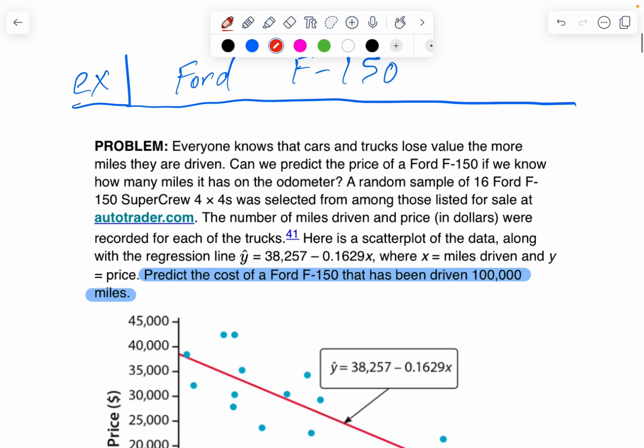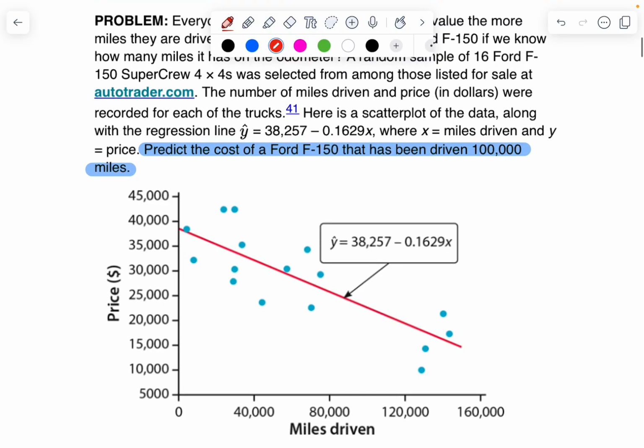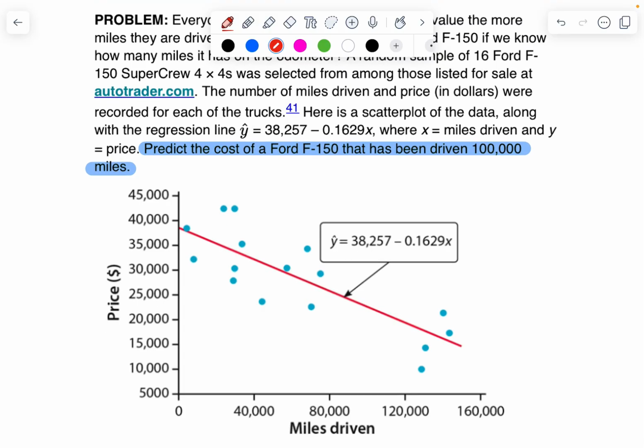All right. So in this example, if we look at a Ford F-150 pickup truck being sold as a used car, typically the more miles on the car, the less expensive that car is going to be.